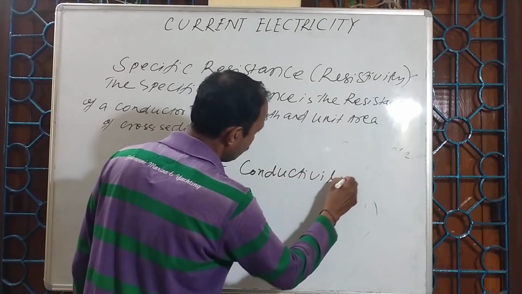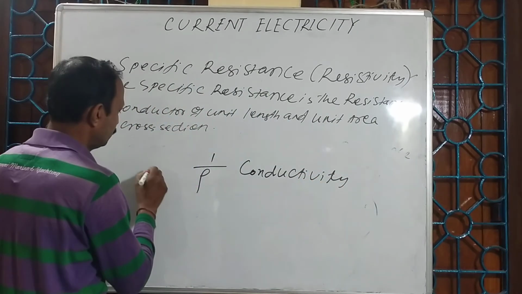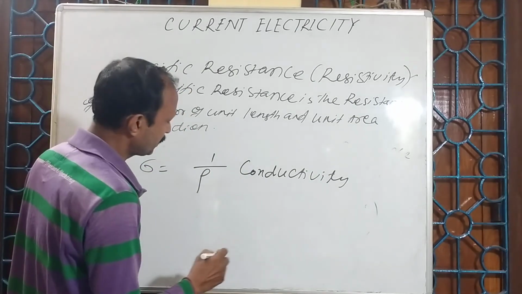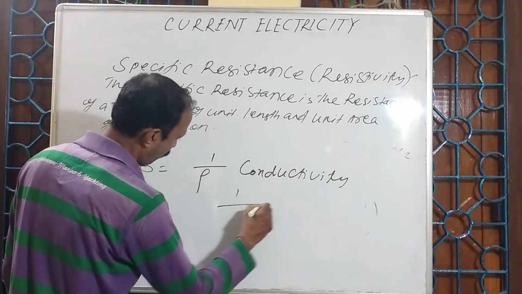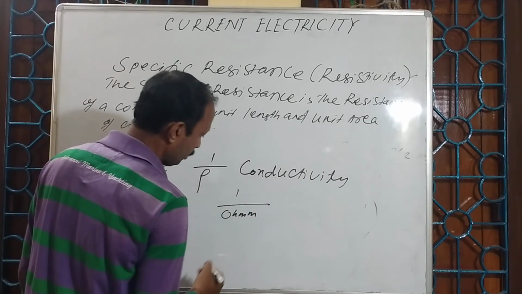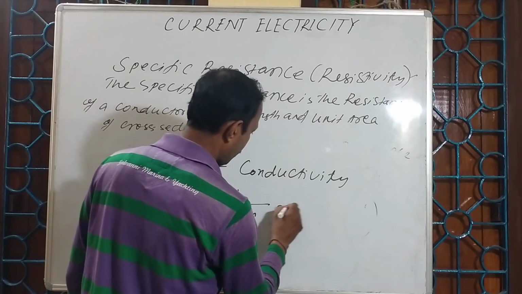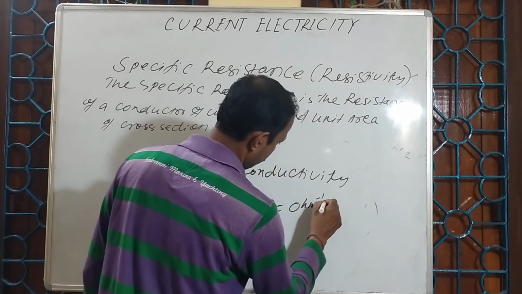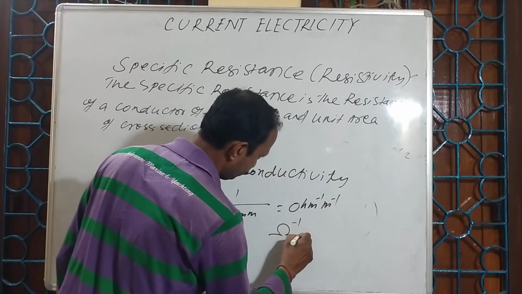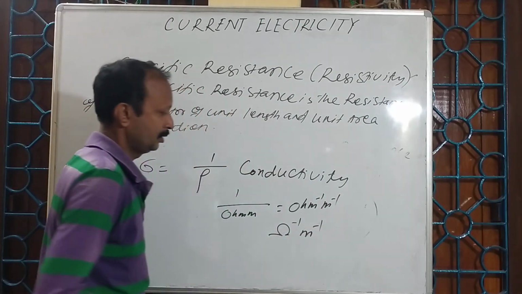The reciprocal of resistivity is called the conductivity, and its unit is 1 over ohm meter, which we can write in this way or this way.